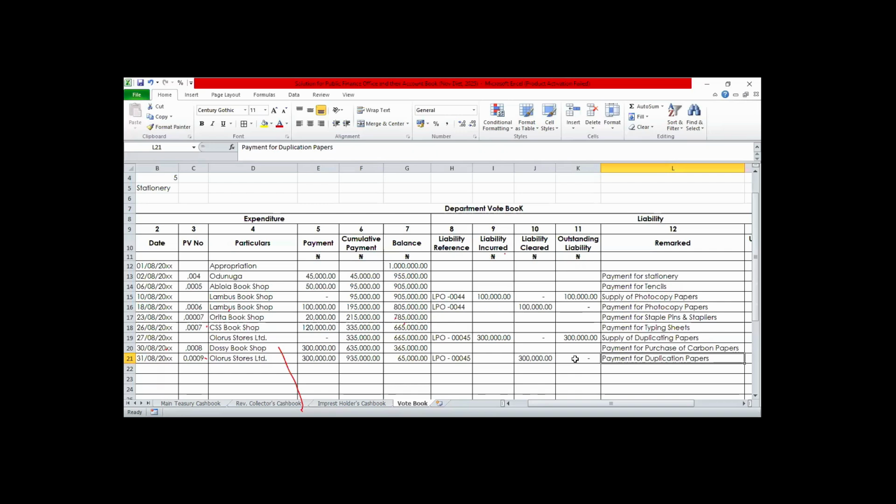We also have departmental or ministry control, where all the account officers in charge must prepare and update their cash book and other documents on a day-to-day basis. That's another control. Any other question?